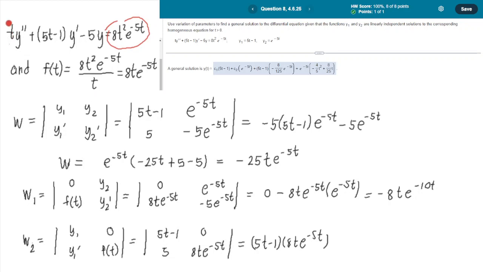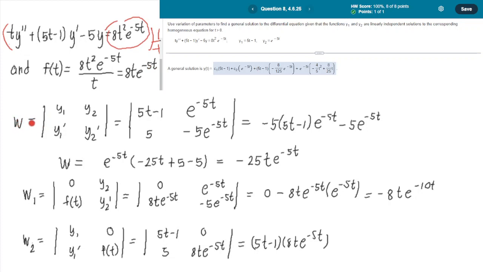We'll divide this equation by t, or we simply multiply by 1 over t. That's why our f of t is 8t e to the negative 5t.